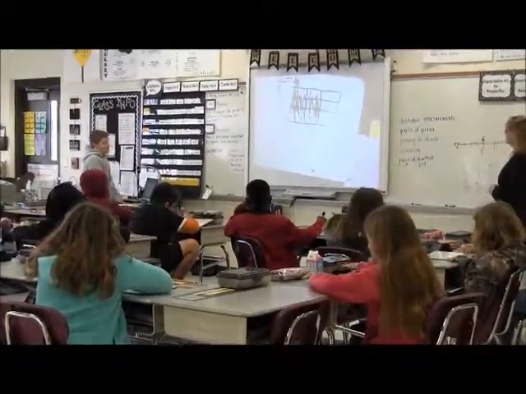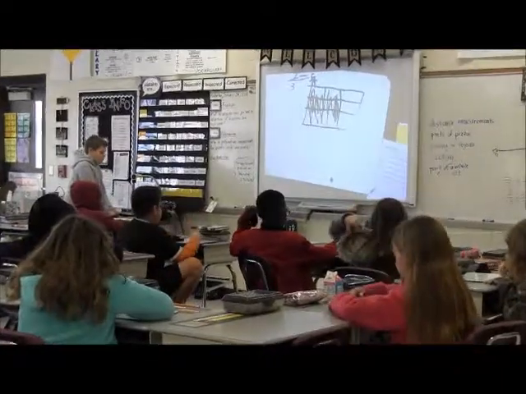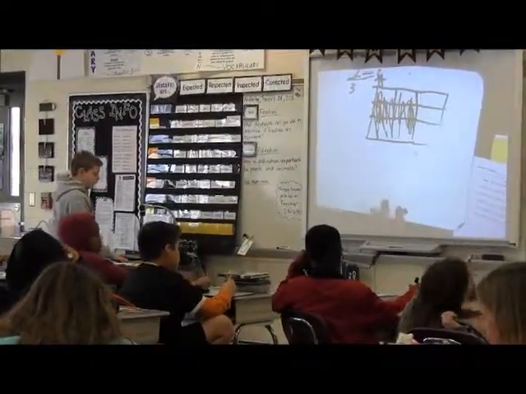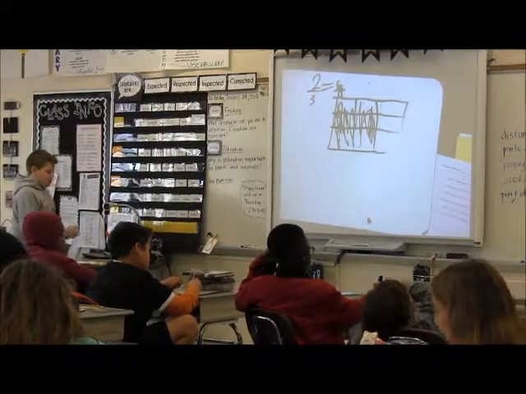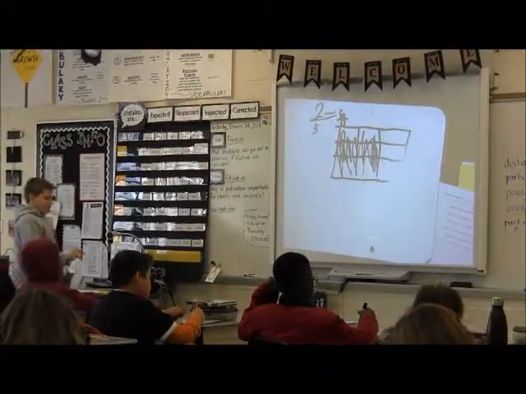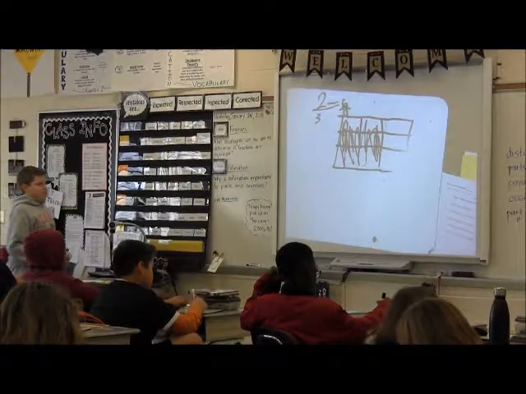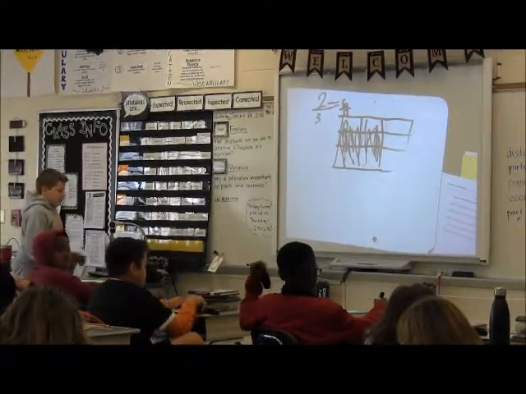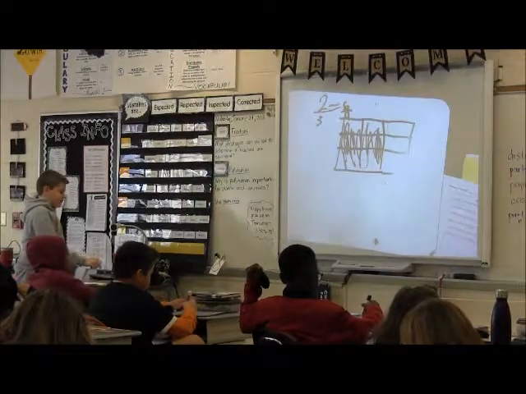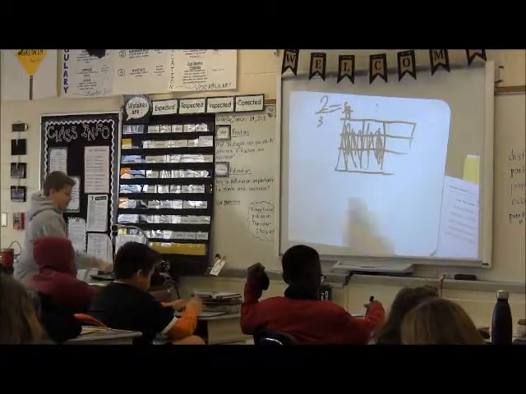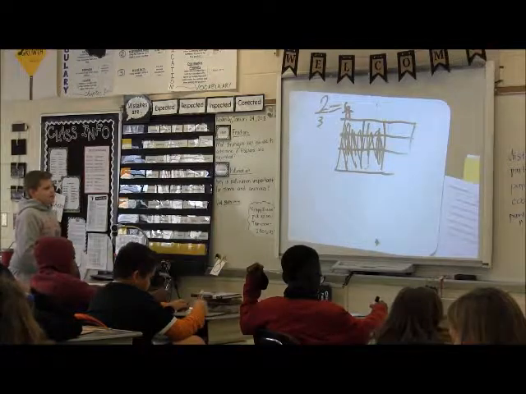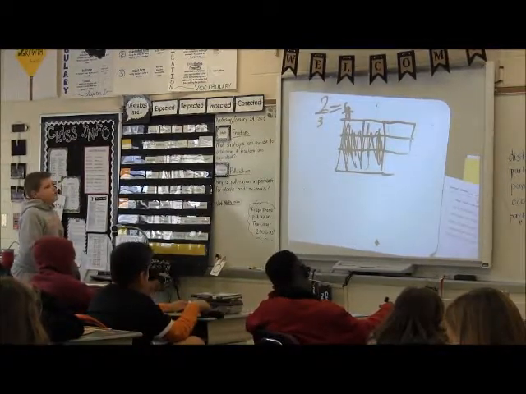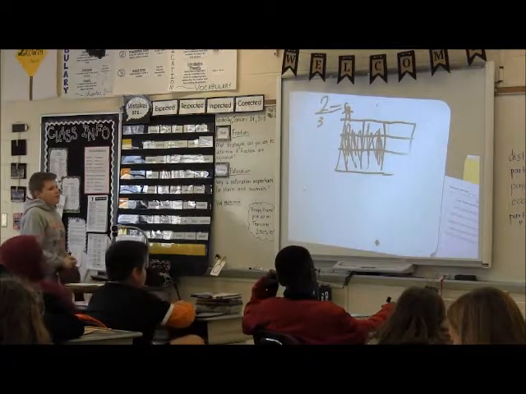Put the box into thirds, and then I shade in the two, like in the fraction 2/3, and then I drew two more lines to represent the three we were multiplying by, and then I looked at the shading, and then I counted, and I got 6, and then I counted each box, and I got 9. So 2/3 is equivalent to 6/9.